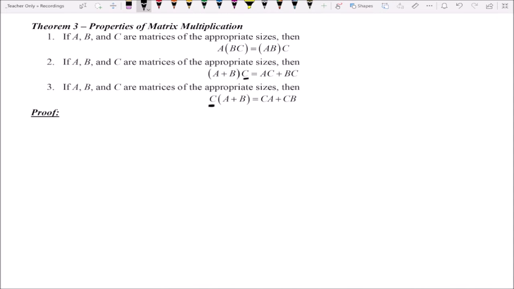That is, A times B does not necessarily equal B times A. So the order in which you multiply your matrices matters. And that is why we need two properties. One where the C is behind the matrix addition, one where the C is in front of the matrix addition. We're only going to prove the first property here.